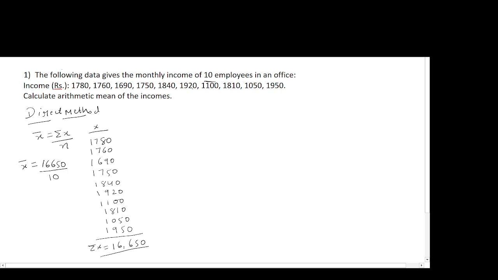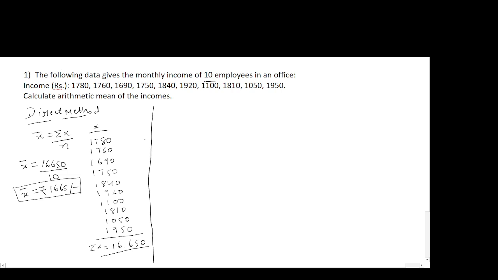So that 10 employees is nothing but n value. So x bar is equal to summation x, 16,650, divided by n, 10. So how much will you get? 1,665 rupees. Since income is measured in rupees, we have got the mean income of 10 employees, or the average income of 10 employees, rupees 1,665. So this is how the mean should be calculated for individual observations using direct method.